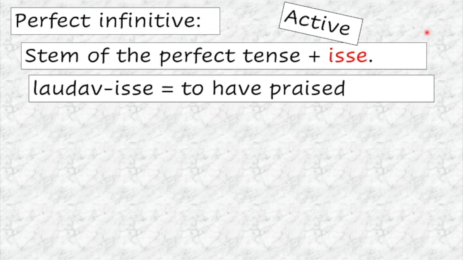So, present infinitive is laudare, perfect infinitive built from the stem of the perfect tense, laudavisse, to have praised. This is for the active perfect infinitive.